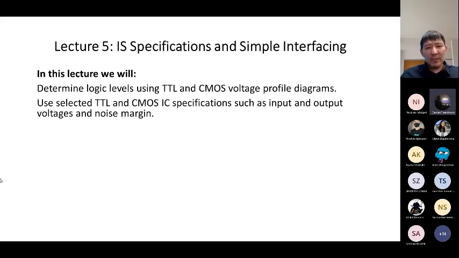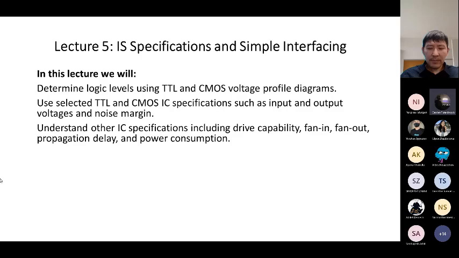Next, we will use some selected TTL and CMOS devices, watch their input and output voltage, and also see their noise margin. Then we will understand other IC specifications, because except voltage, there are other very important parameters of the integrated circuit, such as drive capability.